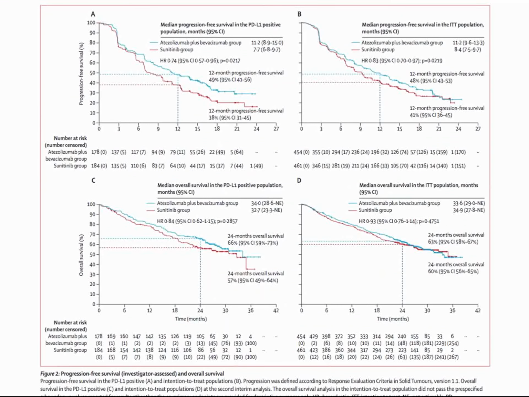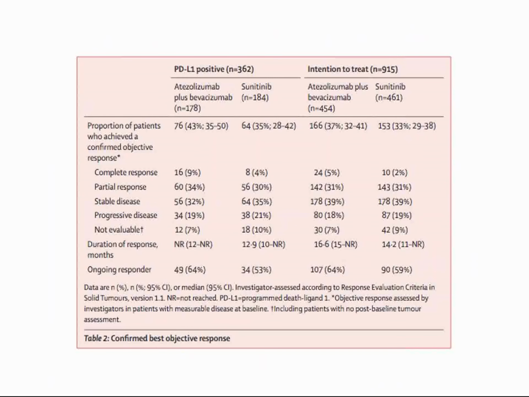This is progression-free survival. If we look at overall survival, there's no significant difference, and it's not great in either one of these treatments, but I suppose it was substantially better than doing nothing, which we were faced with 10 or 15 years ago.